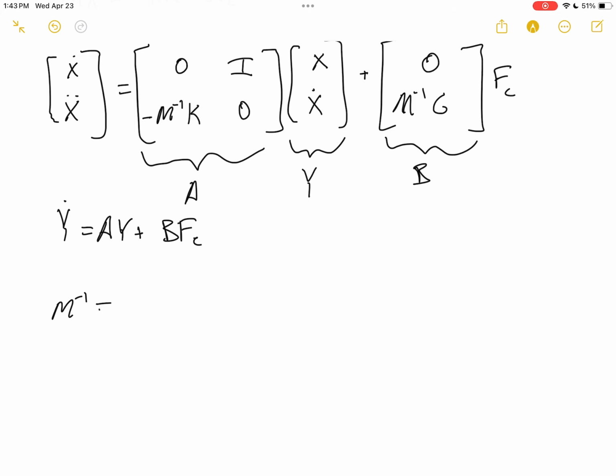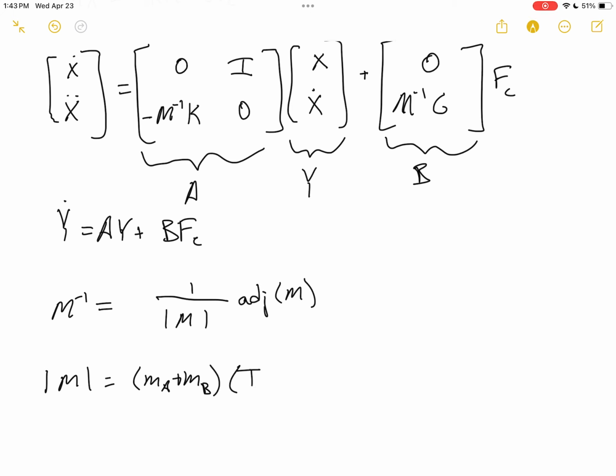M inverse is equal to 1 over the determinant of M times the adjoint of M. The determinant of M, we already figured out the mass matrix is (ma plus mb) times Izz plus mb l squared minus mb l squared.